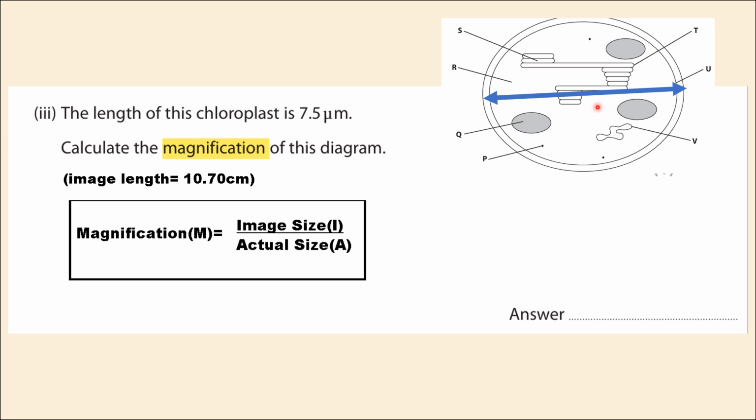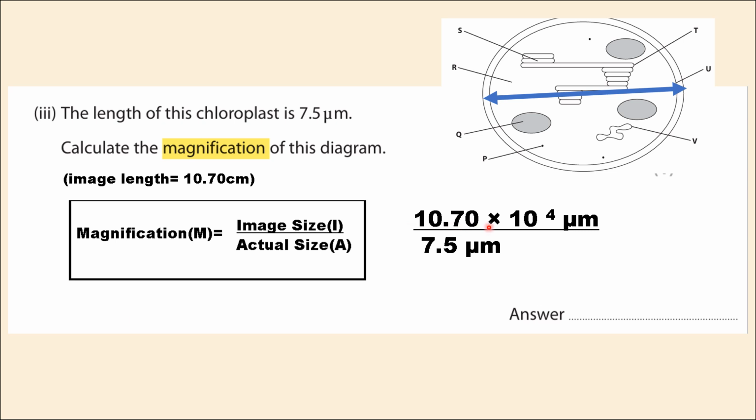So first you have to draw a line across the chloroplast, and here it measures 10.7 centimeters. But remember, the units need to match. So we will convert this measurement into micrometers. Since 10.7 centimeters is equal to 10.7 × 10^4 micrometers, we can substitute it into our formula.